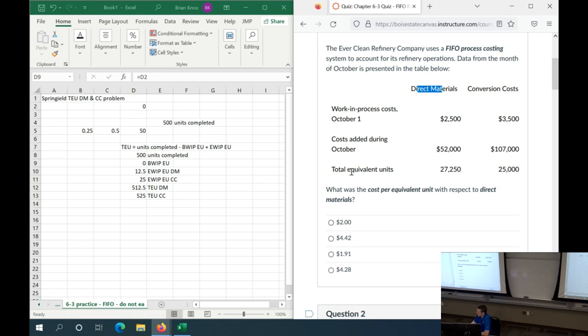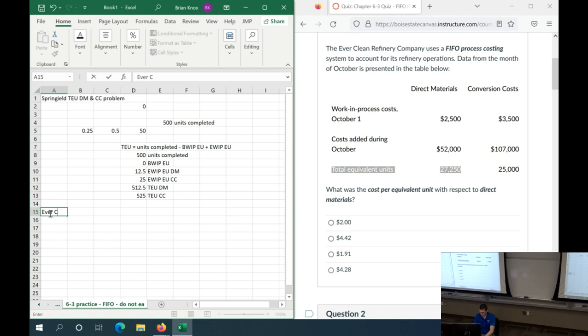So we've been given total equivalent units, which is our denominator for our rate calculations. This, we assume, and you should assume, was calculated in accordance with the FIFO equation. This includes everything it needs to include. We ended up with 27,250 when we did that. So we're at Everclean rates, DM rate.